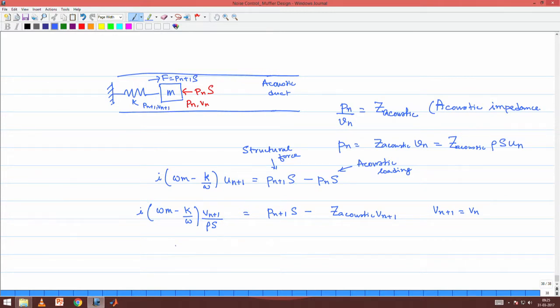So, in the next step we will bring I omega m minus k by omega divided by rho S square plus, I missed out an S here, P n times S. P n is Z acoustic into V n plus 1, and then there is a multiplicative factor of S, right.